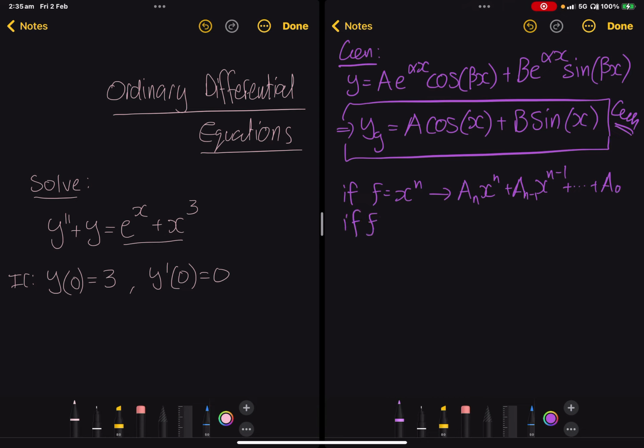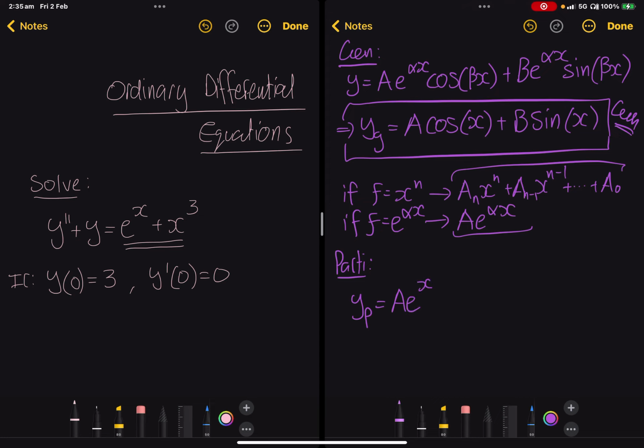If the function is of the form e to the alpha x, then the logical guess is a e to the alpha x. So because we have the sum of these, we are going to take the sum of both of these guesses and assume that this is our particular solution. So for our particular solution, we get y particular is equal to a e to the x.